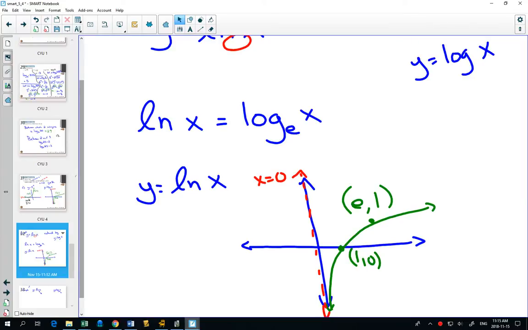Yes? So why can't you just write log base e of x? Why do you have to have a special one? So when something happens often enough that it becomes special, mathematicians tend to get lazy.